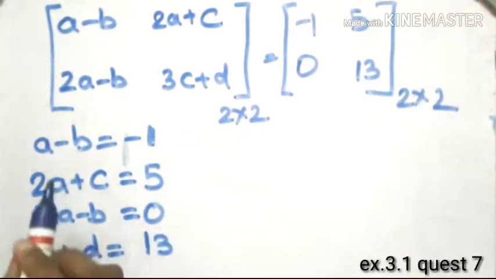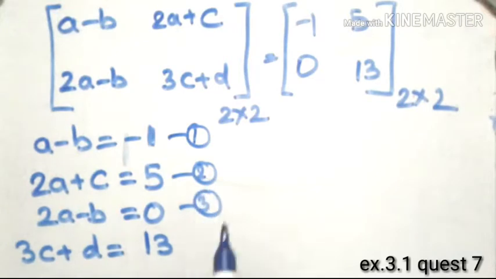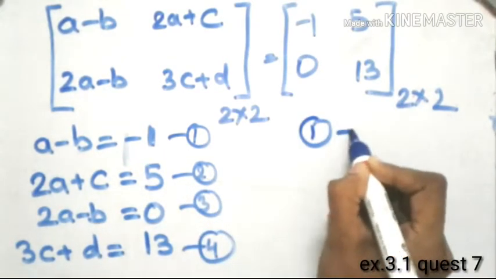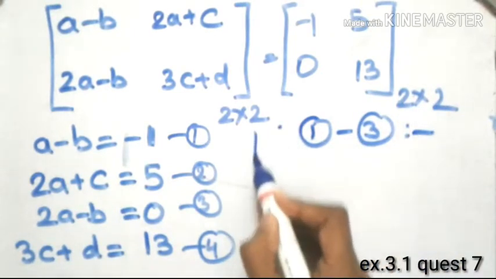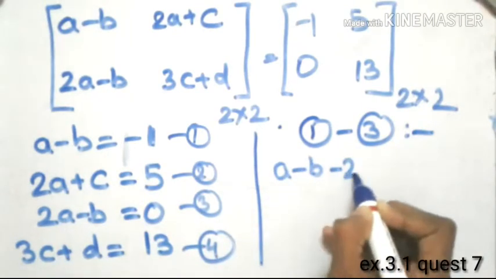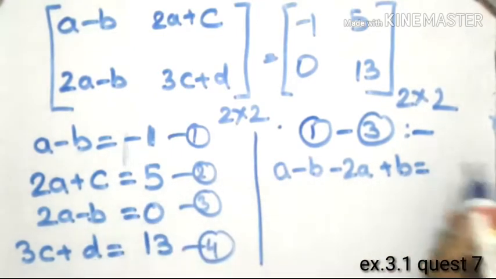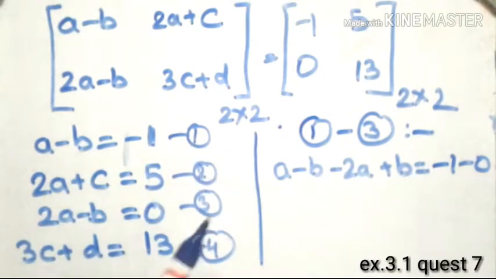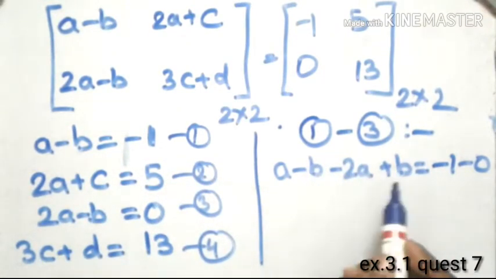So let me just take, if I number the equations, it will be easier. So I'll just write equation 1 minus 3. So in that case, I will get A minus B minus 2A plus B equal to minus 1 minus 0. So I'm just subtracting 1 minus 3. So the minus B and B will get cancelled.